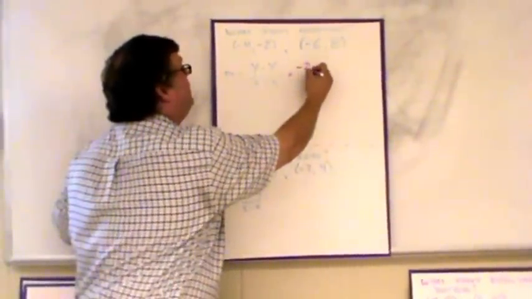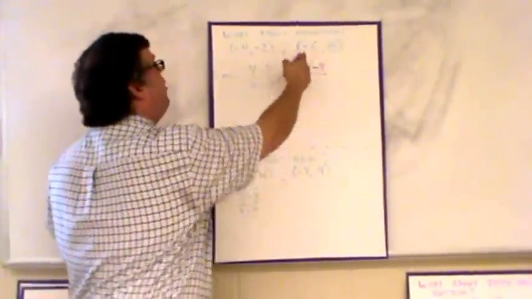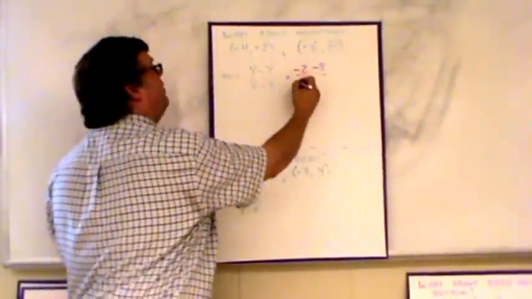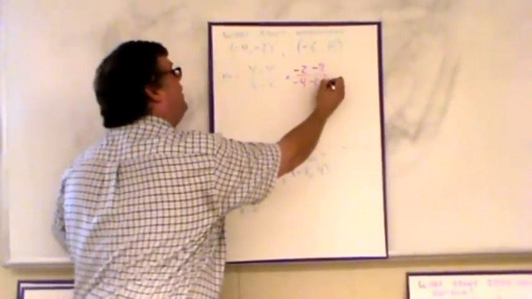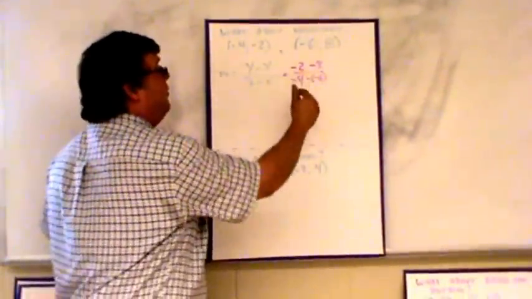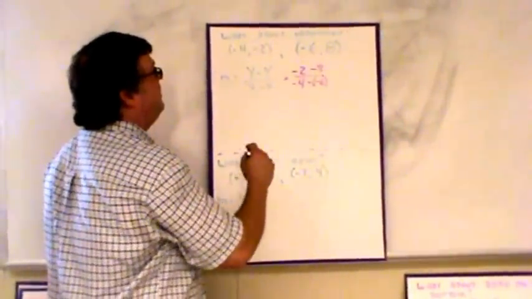I'm going to do negative 2 minus 8 over this x. Since I started with this y, I've got to start with this x. Negative 4 minus a minus 6. Notice how I put them in parentheses because there's no such thing as minus minus. I've got to do minus in the parentheses like that.